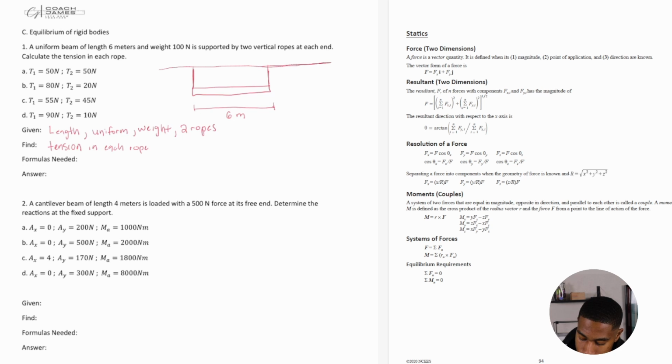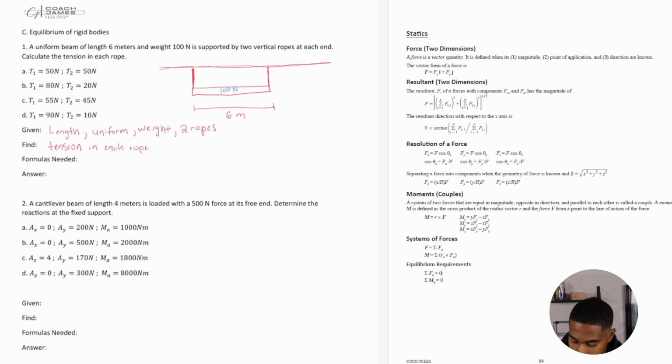Kind of looks like a sky lift. And we know that these are the 2 vertical ropes here and here. And we know that this beam's force, we know that this is 100 newtons.